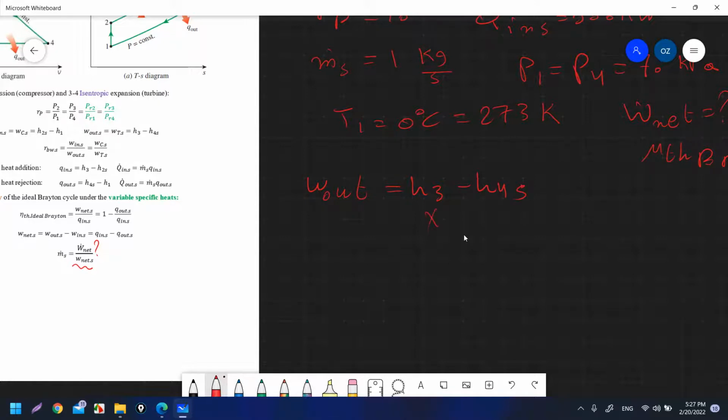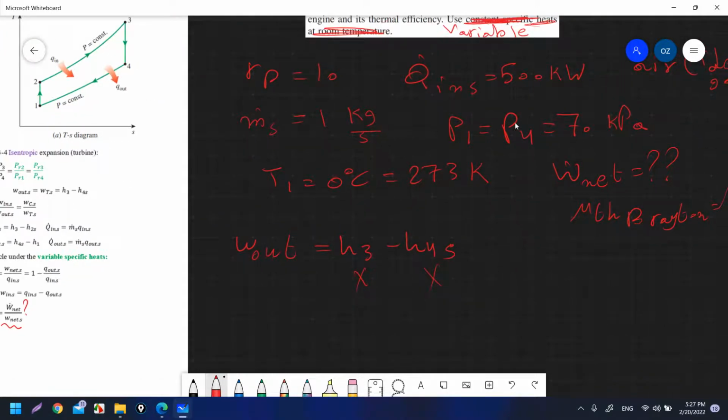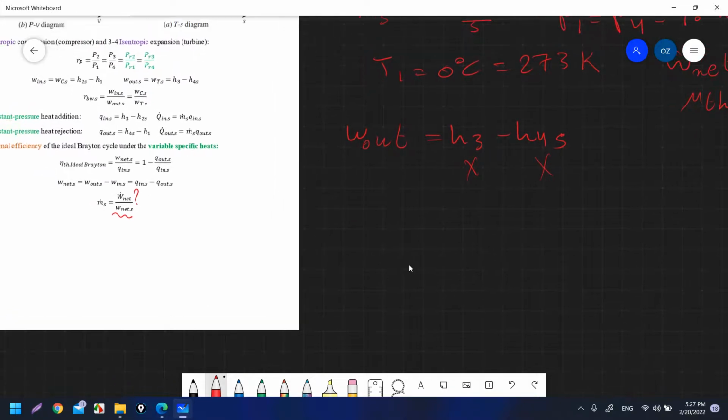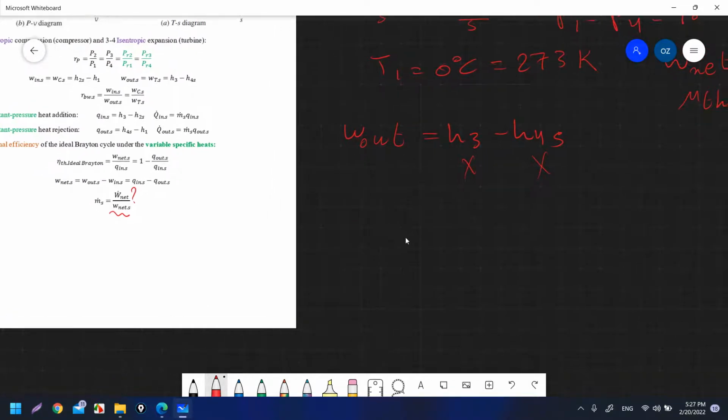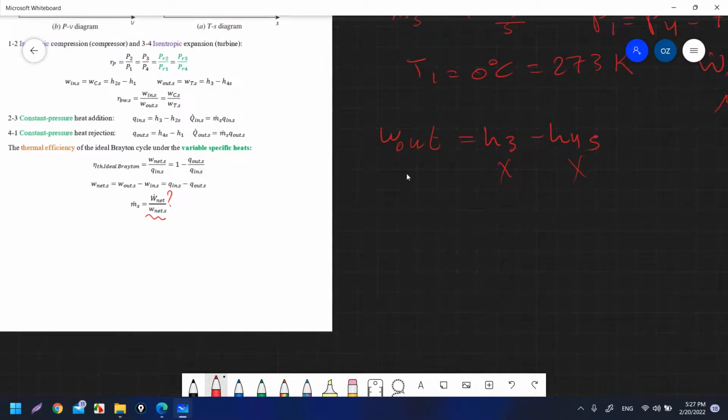You don't have h3 and you don't have h4s and you don't have anything at state 3. But you have the pressure at state 4, but you cannot use it because we use table A17 in variable specific heat and it contains no pressure. So we cannot solve for this one.